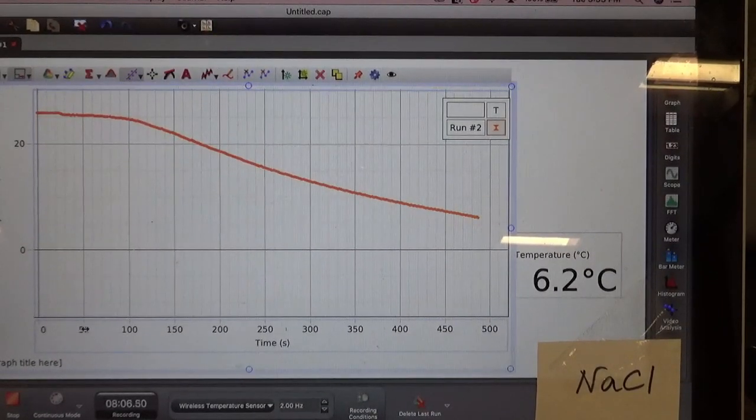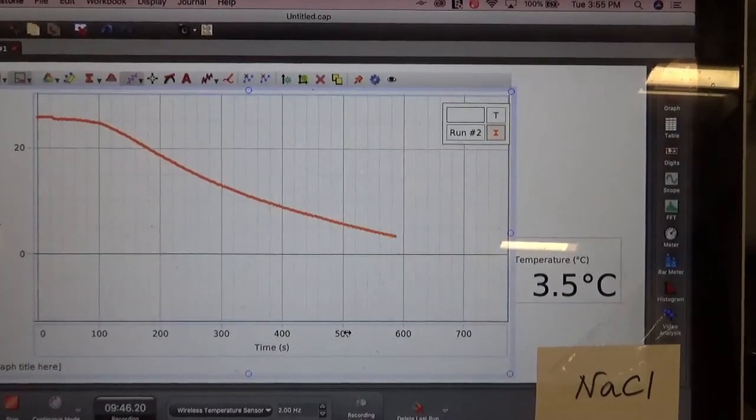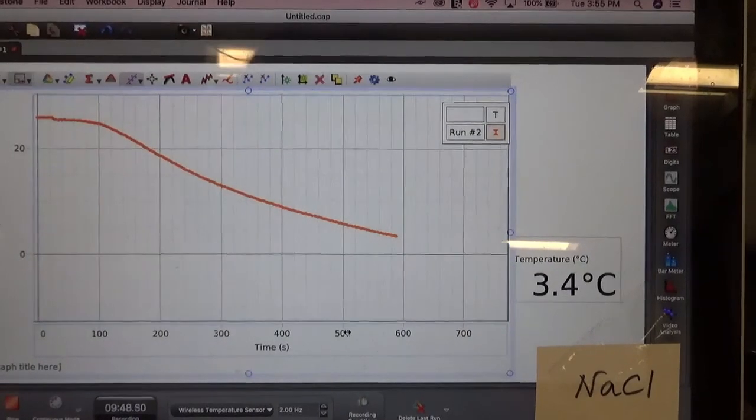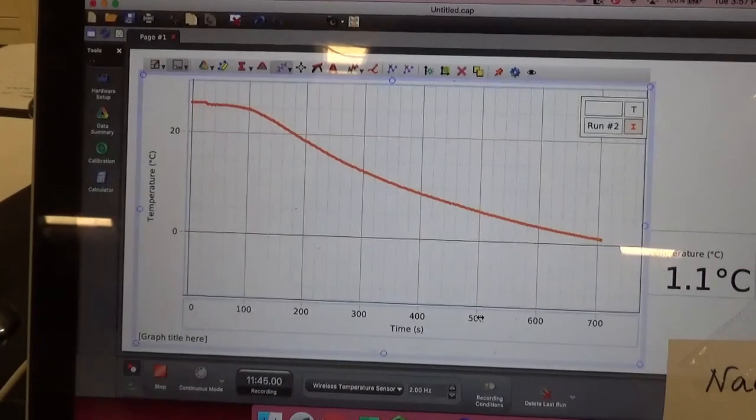And now we're at 6.2 and dropping. 3.5 degrees C, it's still going down. That's down to 1.2 degrees C, but it's still dropping.